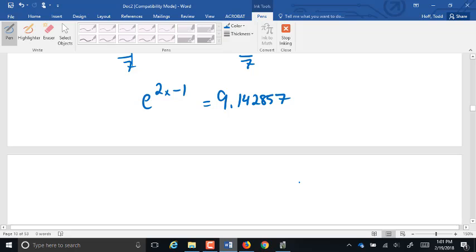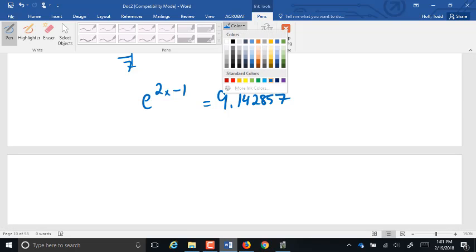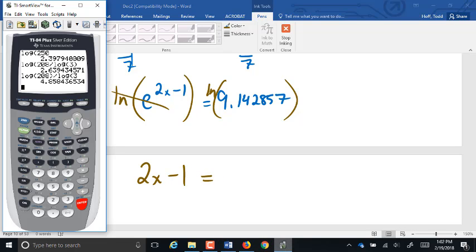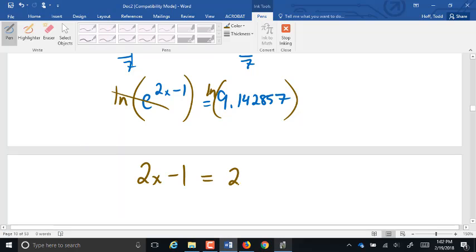And then what do we do? Log base e, otherwise known as ln. 2x minus 1 equals the ln of 9.142857, which is 2.213.